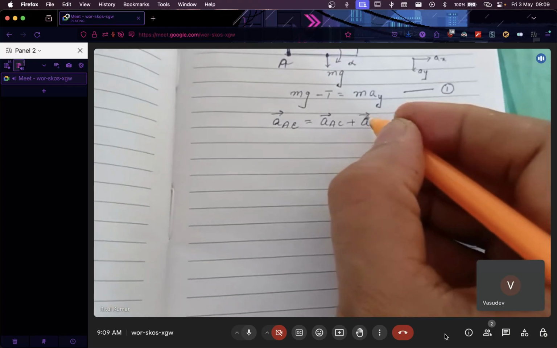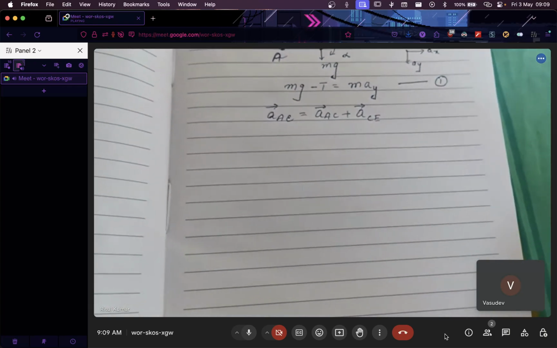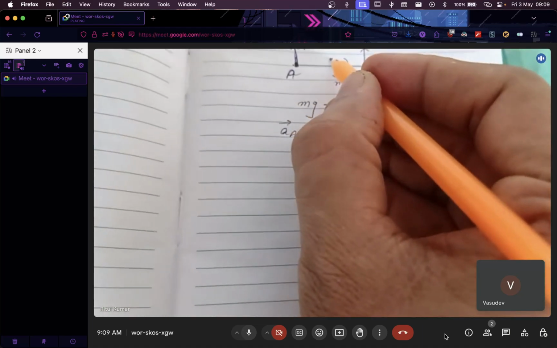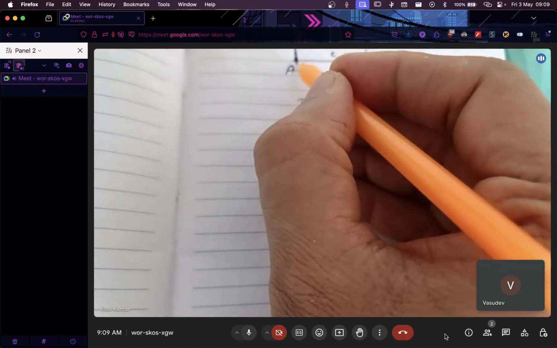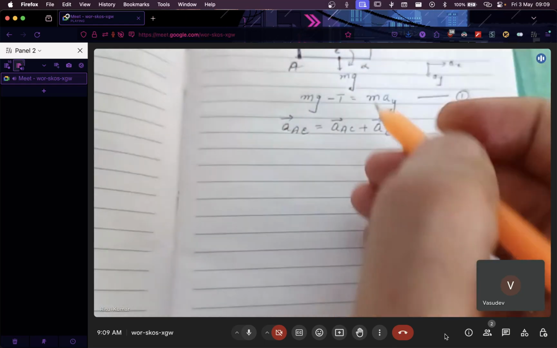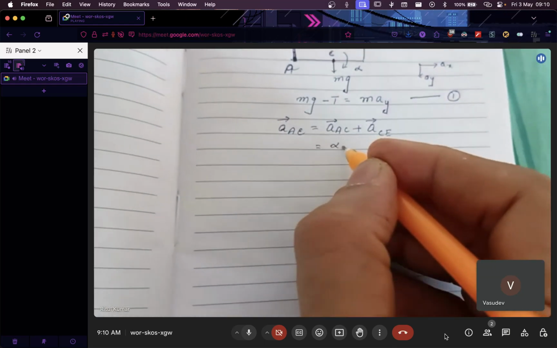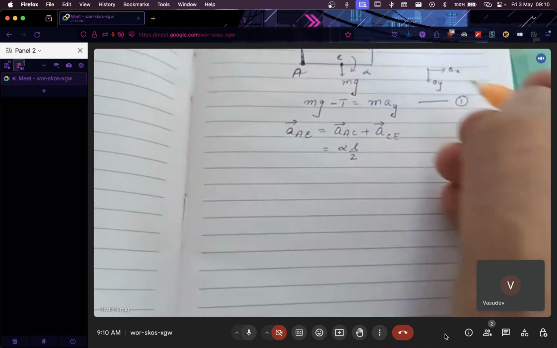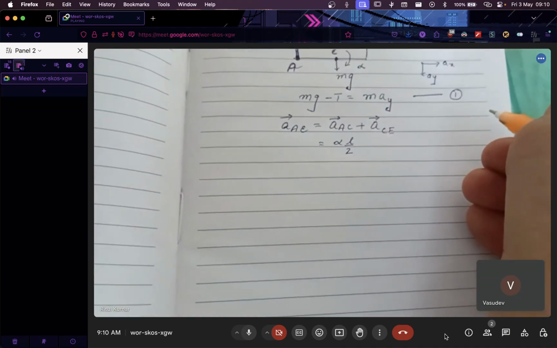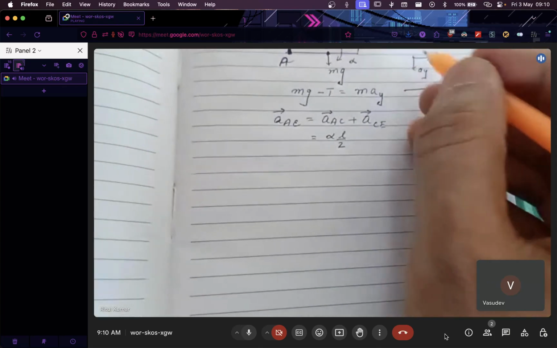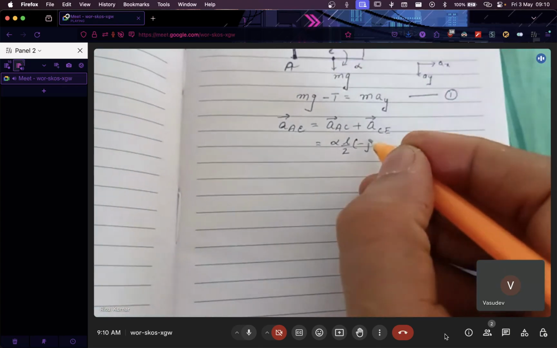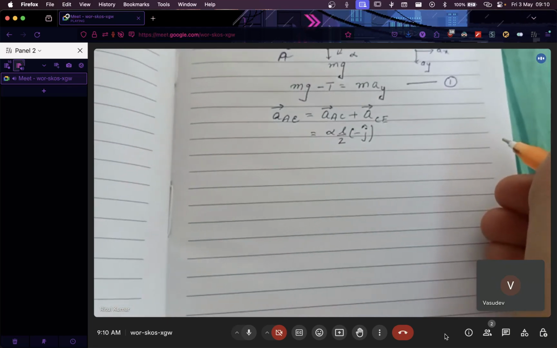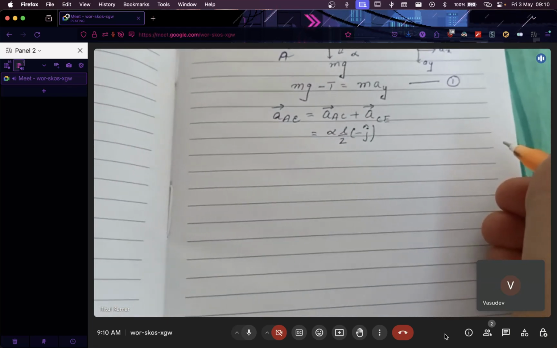The relative equation, correct? Yes. So acceleration of A with respect to center, if I'm at C looking at A, I'll see it to be moving with an acceleration alpha L by 2, L being the length of the rod, in the direction upwards, right? Yes. Going by this frame, let me mark it minus j. So alpha L by 2 in the direction minus j.